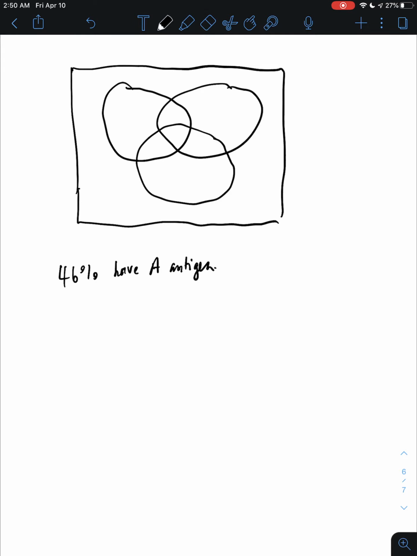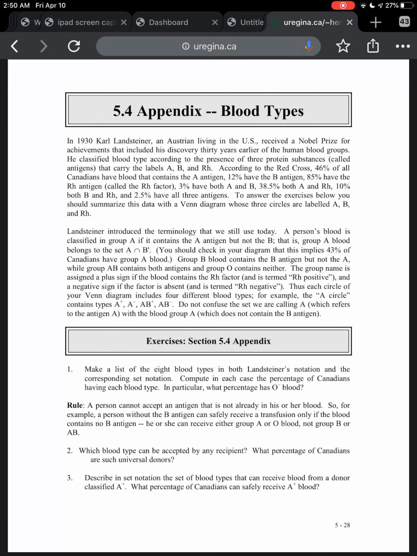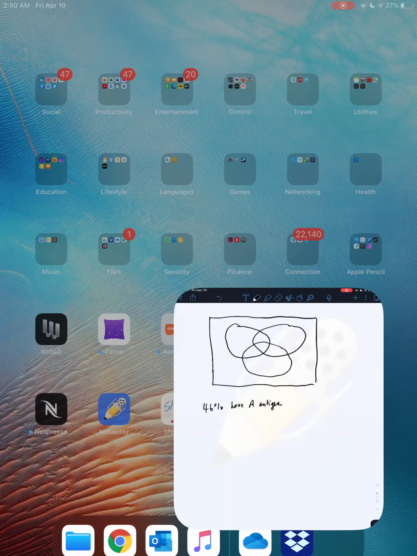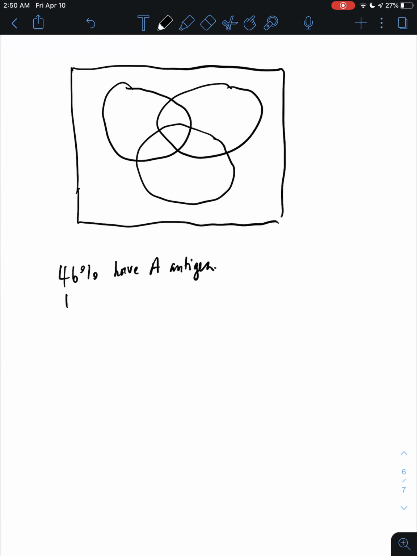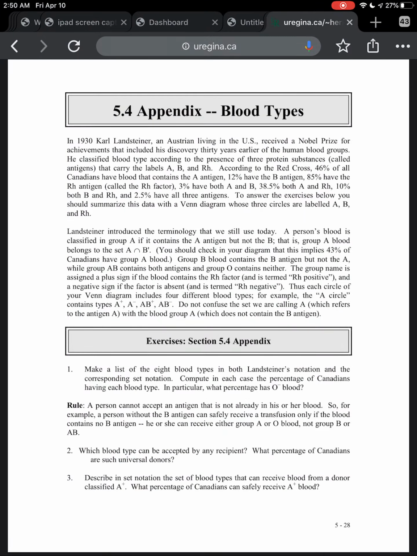It's not the same as the number that have the A blood type. This is just the antigen data that we're looking at. 12% have B, 85% have RH. I've been calling that D, but RH and D are synonymous.